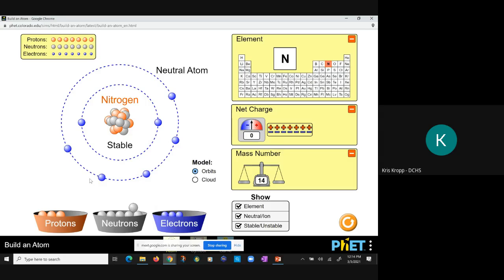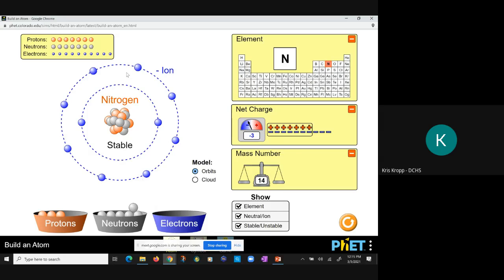But when we get to nitrogen, all of a sudden things change. In order for nitrogen to be chemically stable, it tends to want to fill up this outer shell with electrons. So it tends to want to have 8 electrons in the outer energy level.